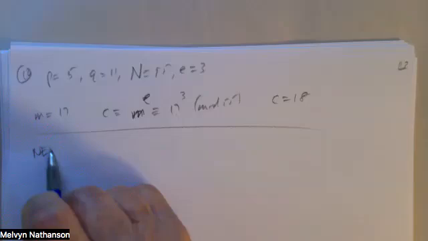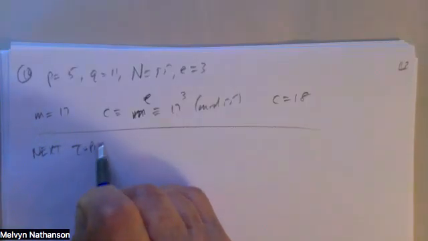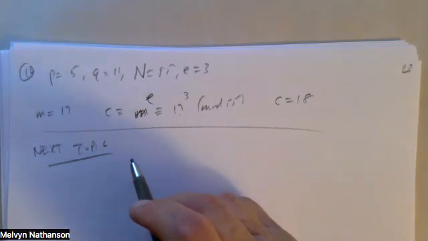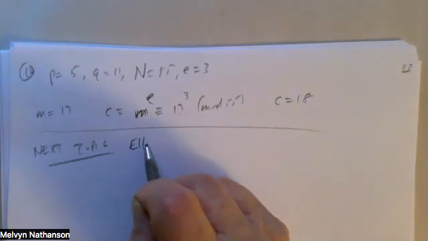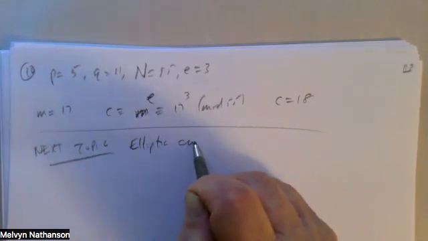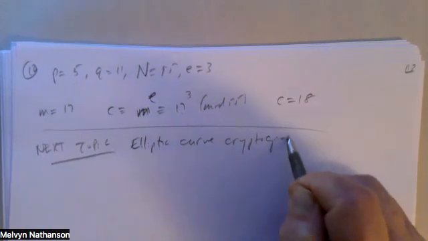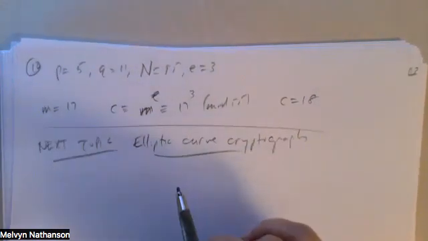So our next topic is going to be more number theory. It's what is called elliptic curve cryptography.